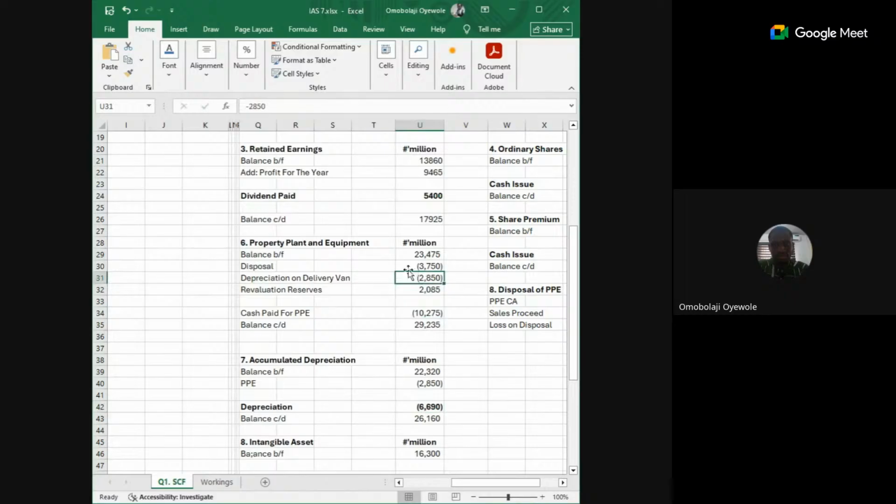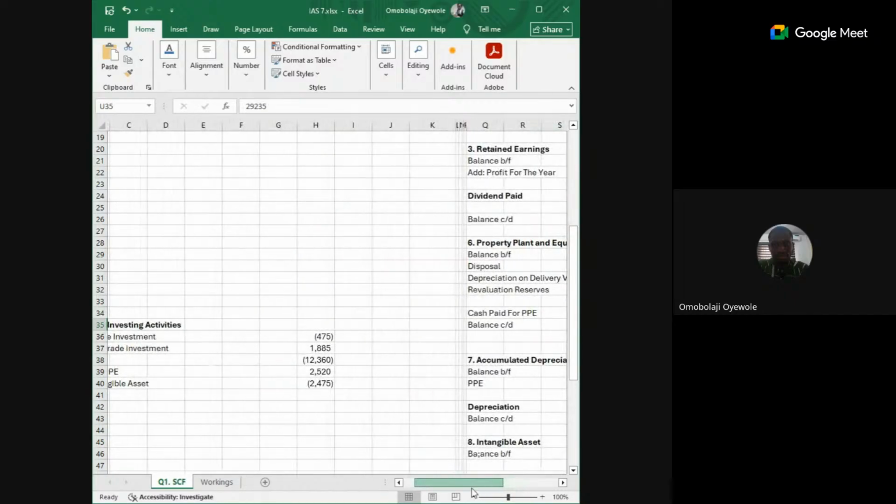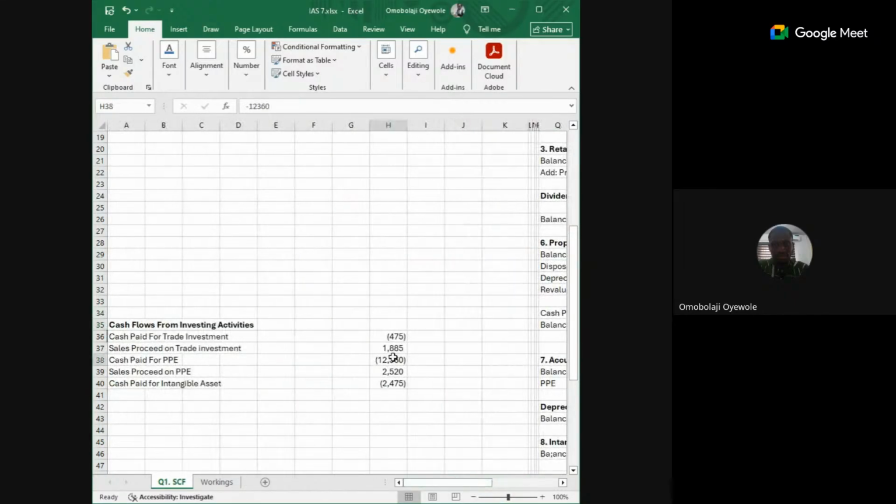And the total depreciation here is what? 6,690. So let's change this one to 6,690. If we adjust this to 6,690, this will give us 14,115.